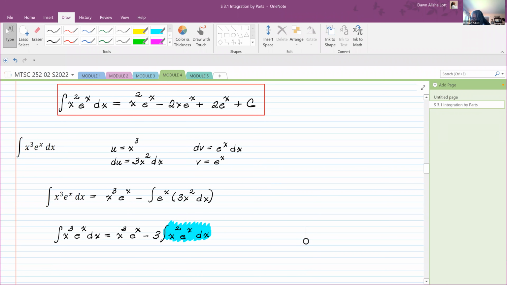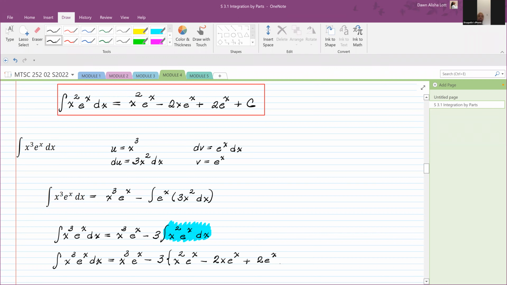Okay, we did. So we can put this in as the integral of x squared e to the x dx. We're going to get x cubed e to the x minus 3 times x squared e to the x minus 2x e to the x plus 2e to the x plus a constant.